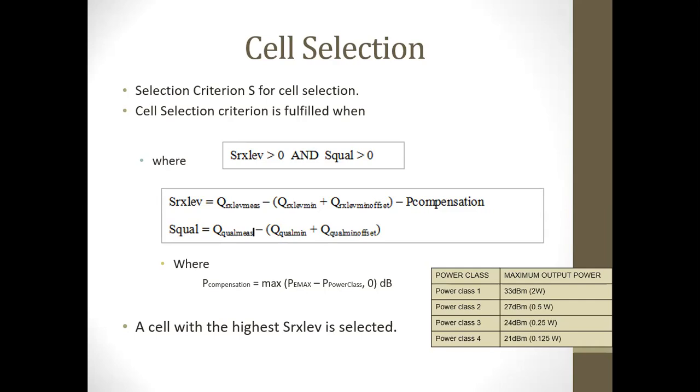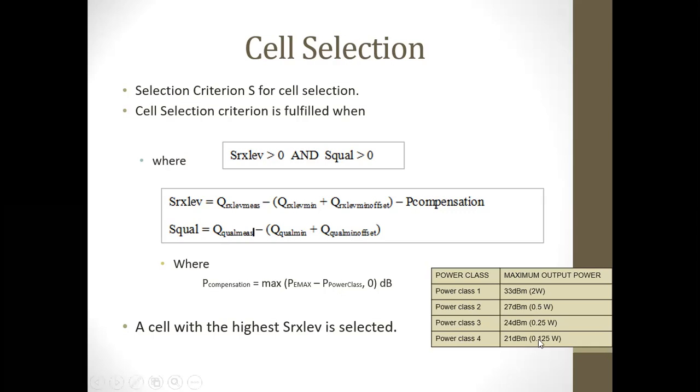Usually Pcompensation is 0, so it's not very important that we discuss it. Your power transmission capability is typically higher than what the network limits you with. Pmax is the maximum value you can use, but your ability is typically higher than that.